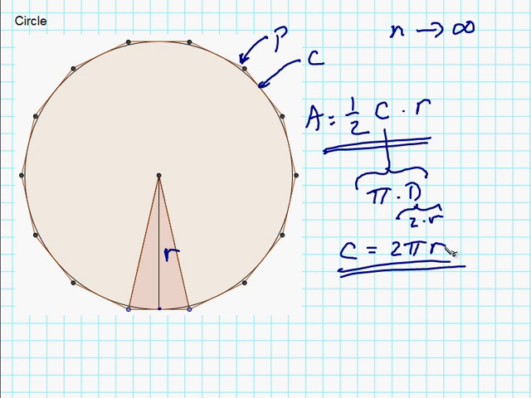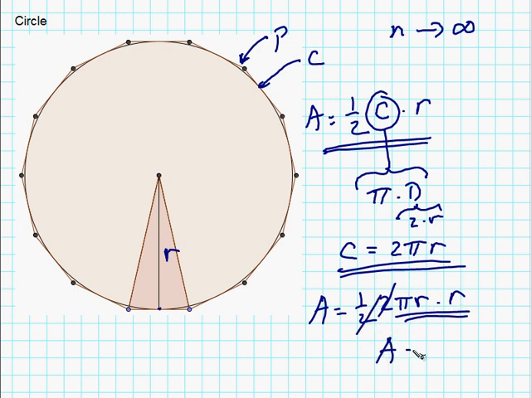Plug it in. If the circumference is 2 pi r, the area of a circle is 1/2 the circumference times the radius. And what is that? 2's cancel. Area of a circle is pi r squared.